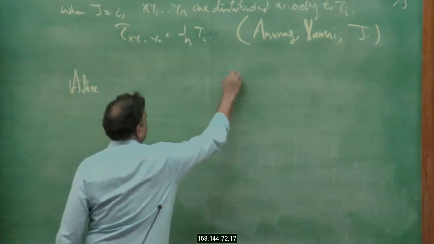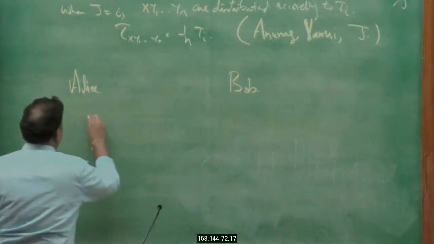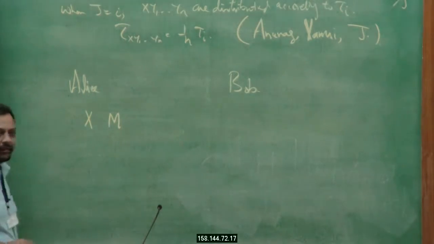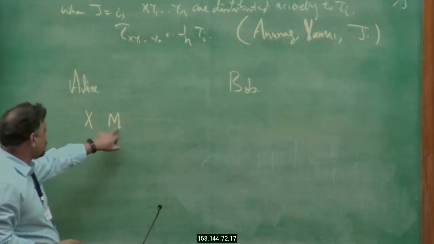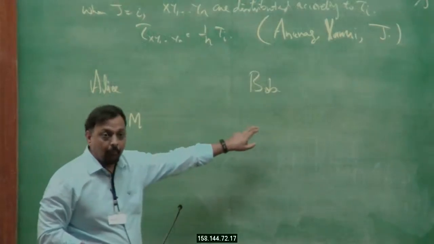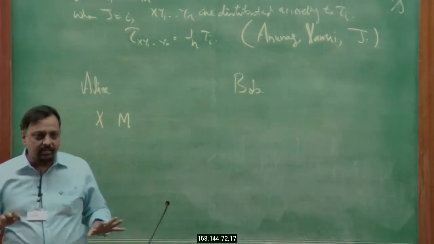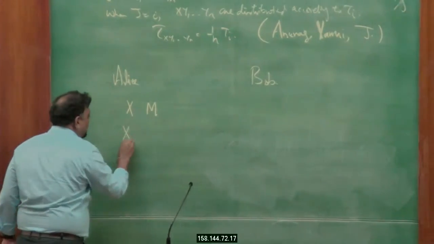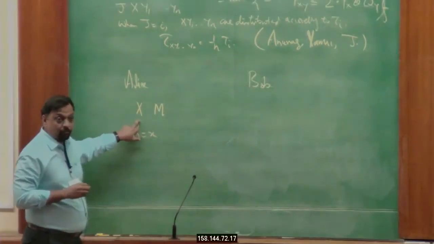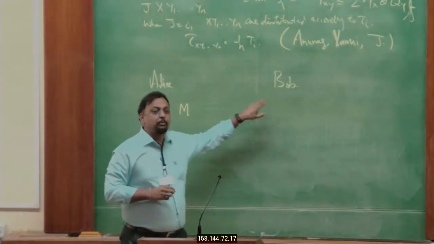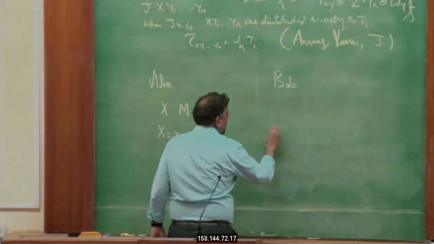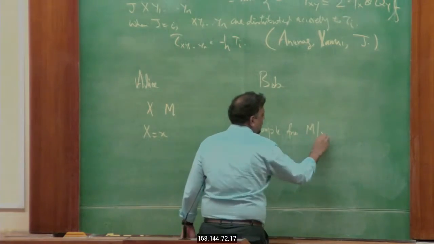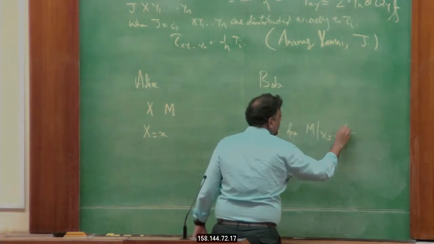We have Alice and Bob, and there are two random variables x and m with Alice. Alice wants to transmit this random variable to Bob. In what sense? Given a particular value for x, Alice wants Bob to sample from m given x equal to x.